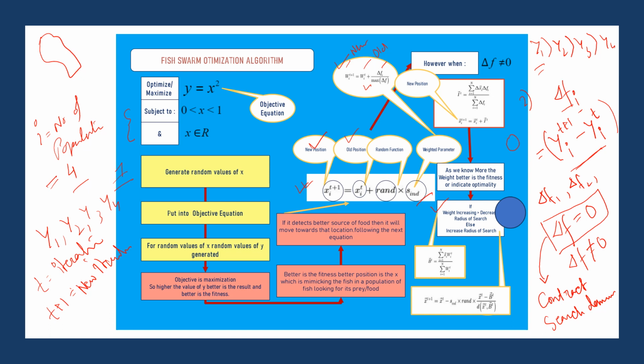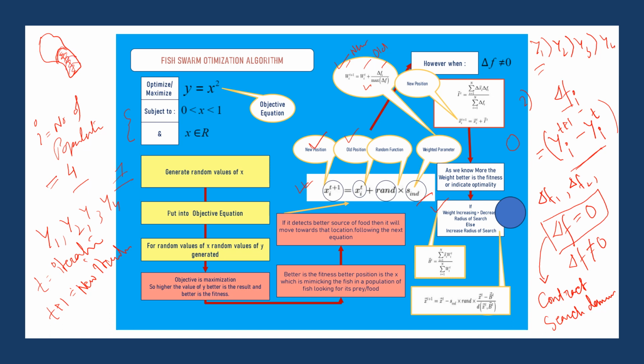Let us give another example. If in this part we are getting better values of x for which y is increasing like anything, and I slowly contract this domain from this to this to this, what is happening?